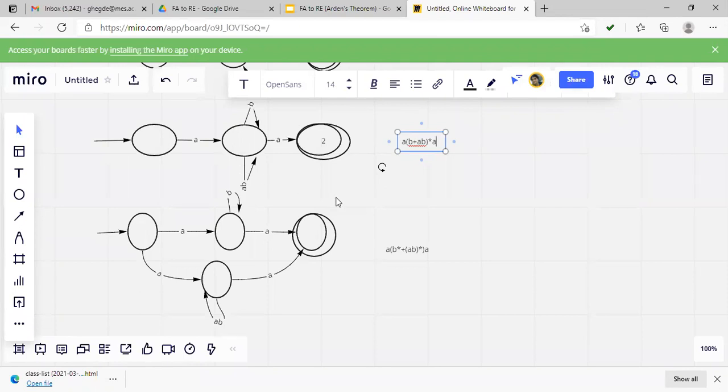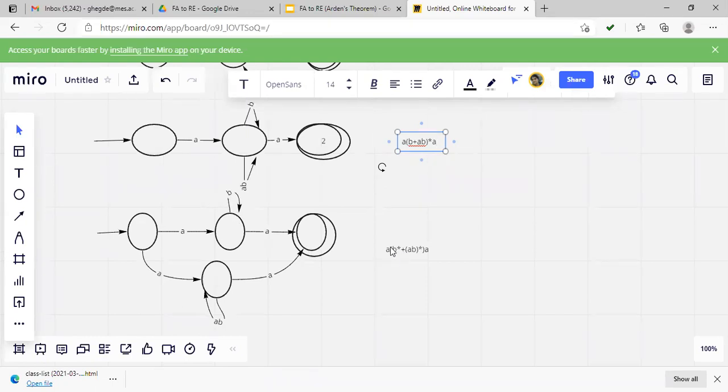Yes? Good. Okay. So since you have two loops at a single state, you can go to this loop or this loop, this and this both, right? Here you have to go through only one loop.